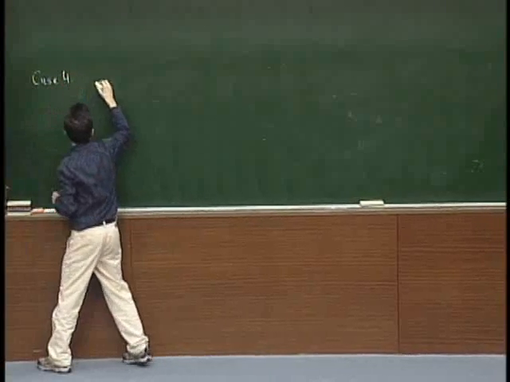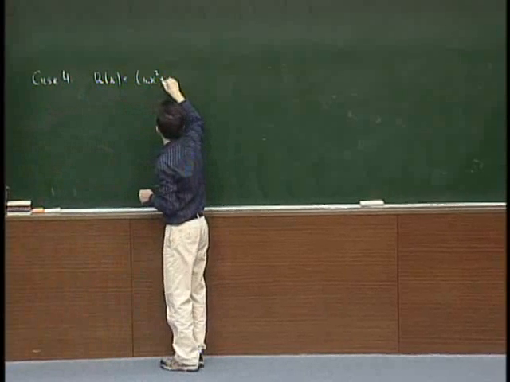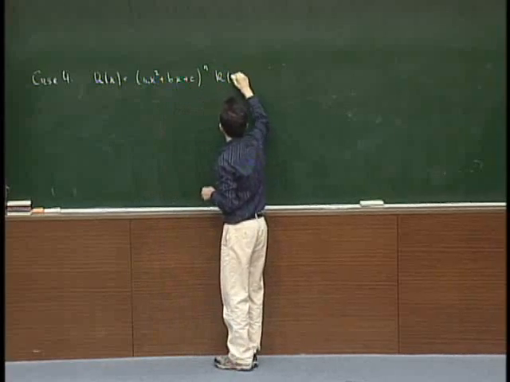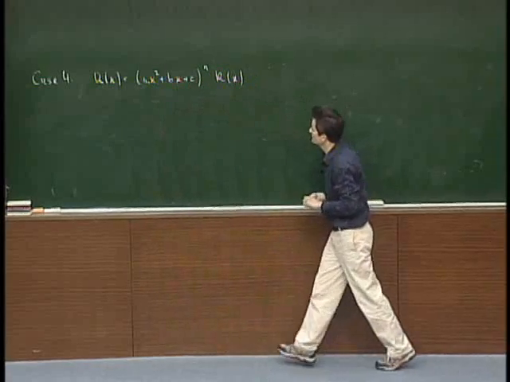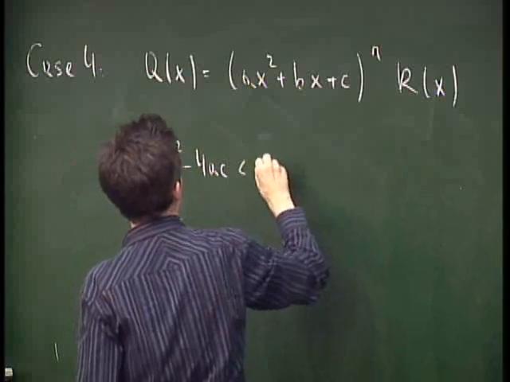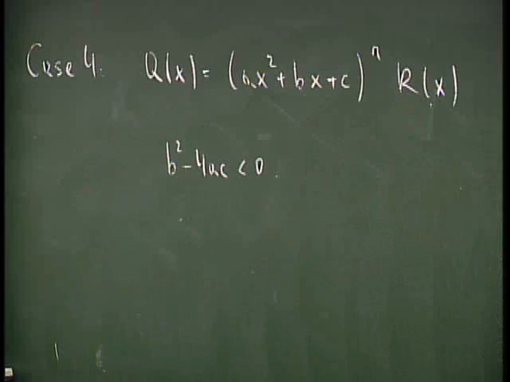So case 4. In case 4, you have q of x equal to (ax squared plus bx plus c) to the r times r of x. Again b squared minus 4ac is smaller than 0, and in r of x you do not have a term of the form ax squared plus bx plus c.